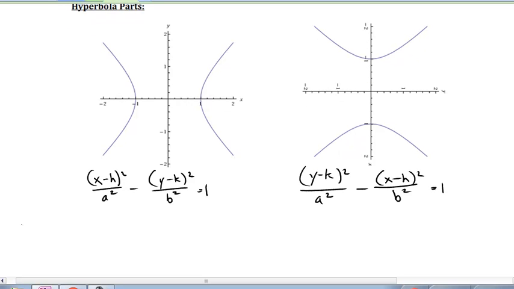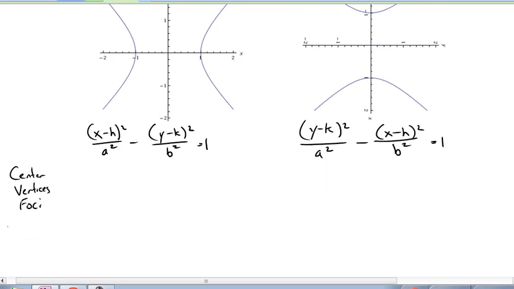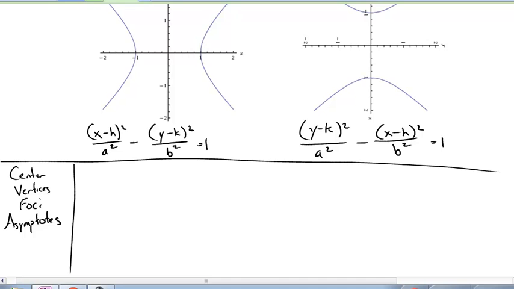And we want to talk about things like the center, the vertices, the foci, and what we'd really like to know is the asymptotes. Because those are important to the shape of the overall graph.